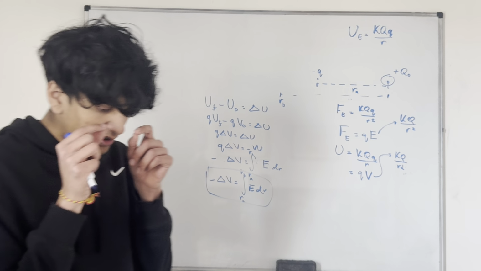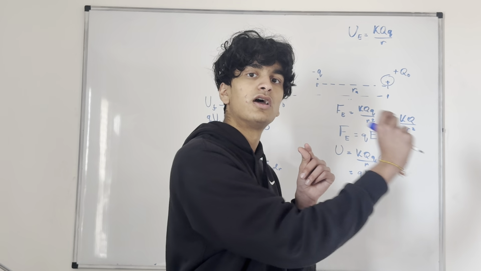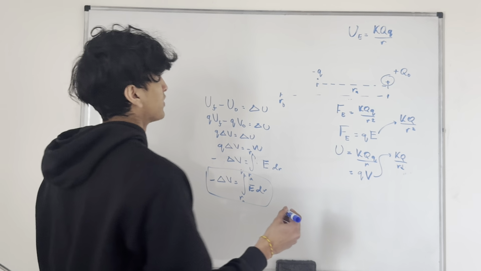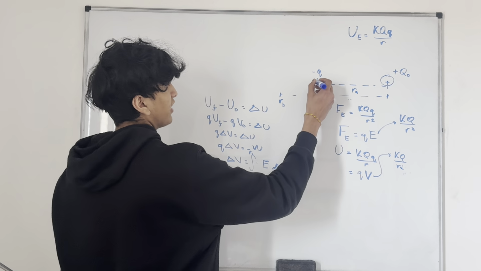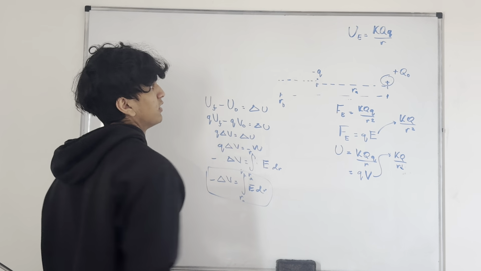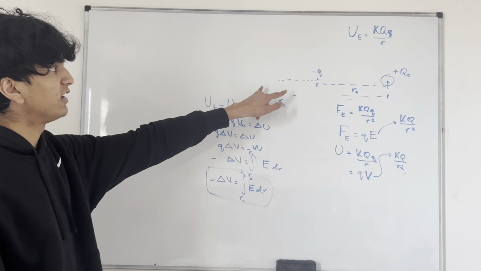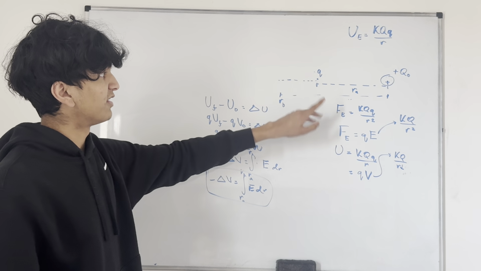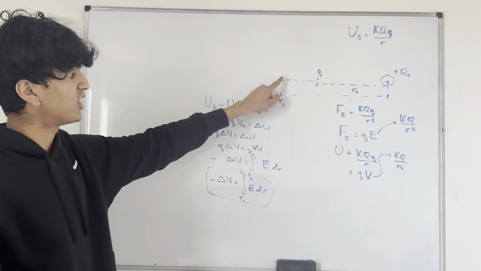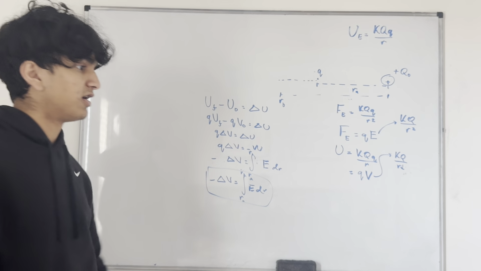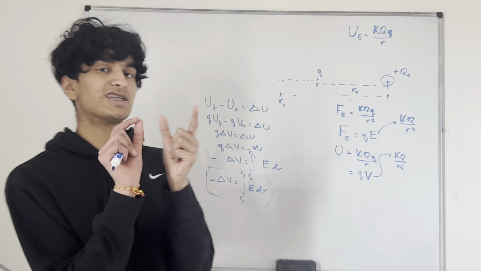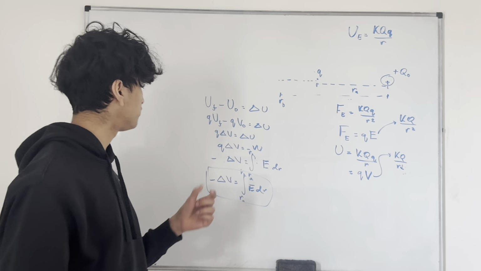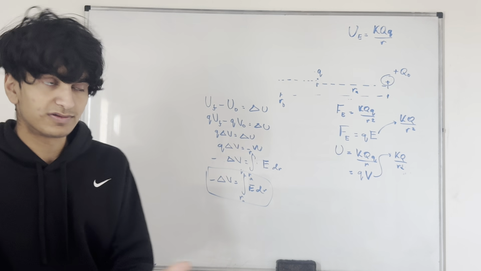If you integrate the electric field across a certain distance, so let's say across this path this charge takes, and let's say it's positive, so it will move away. Across that path, the electric field is going to change, and if you take the product of the electric field at that point times that tiny distance it moves, and sum that all up, you get the total negative potential difference.